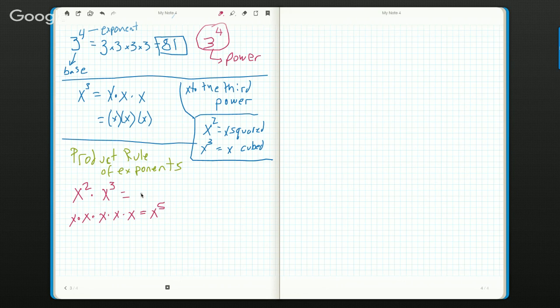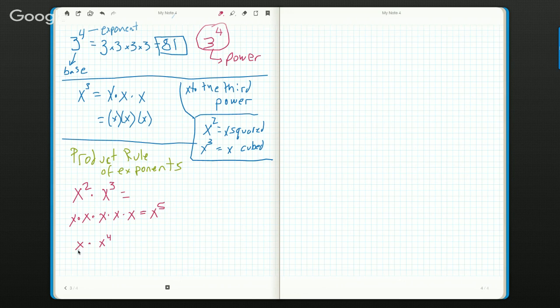And I'll leave it to you to go ahead and prove that this is true for any two variables multiplied by each other, if it's the same variable, with an exponent. So similarly, let's just do one more. Let's say we've got x times x to the 4th. Well, remember, x is just like x to the 1st.